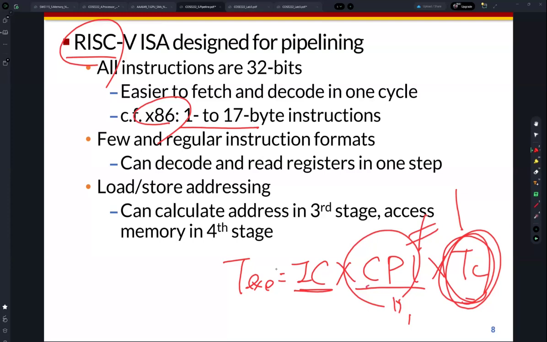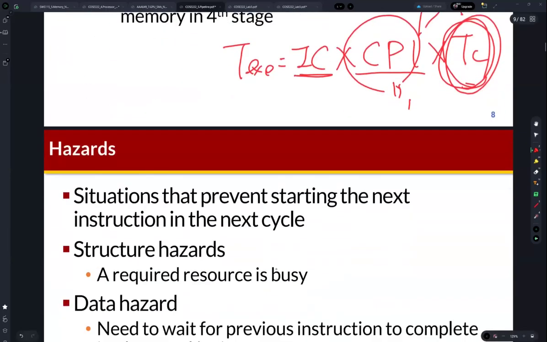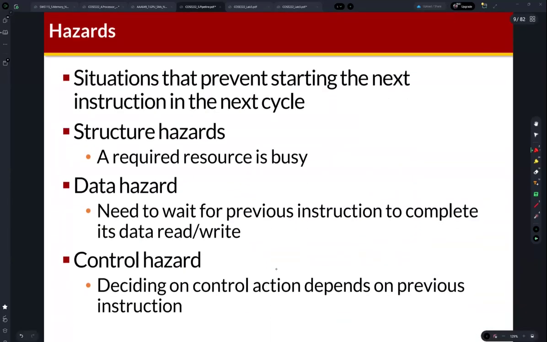But this part, CPI, can be larger than 1. Okay? Larger than 1, in the pipeline architecture. We will learn why.